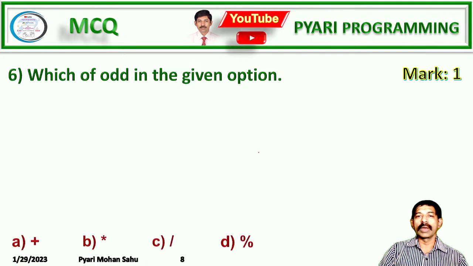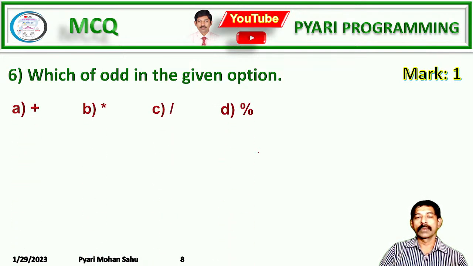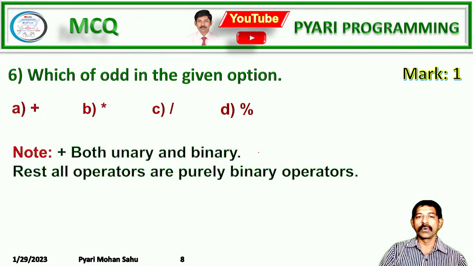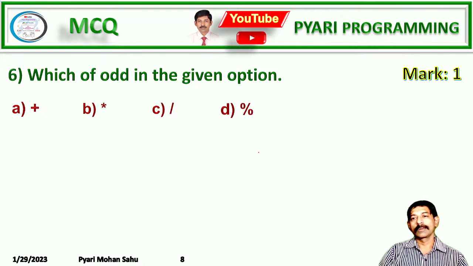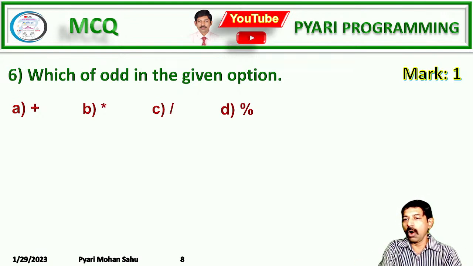Which is odd in the given options? Now we have a few options in front of you. Now we have to identify which one is odd out of these.